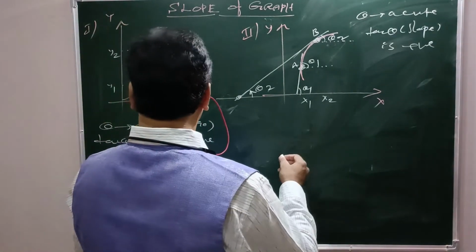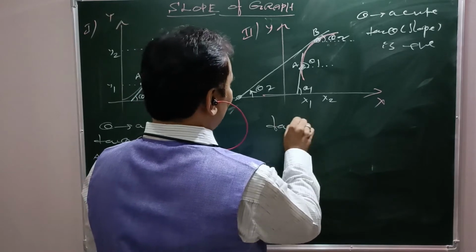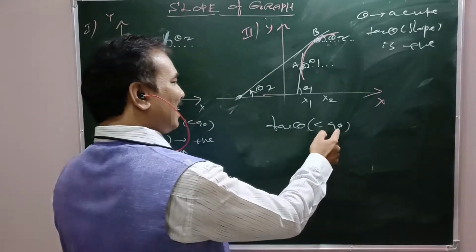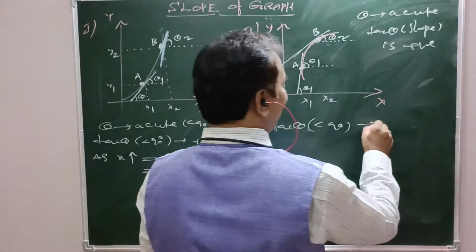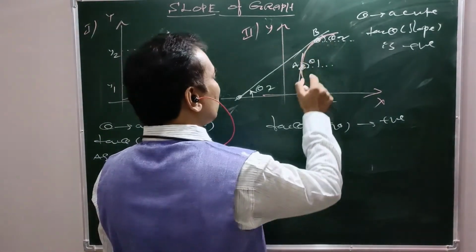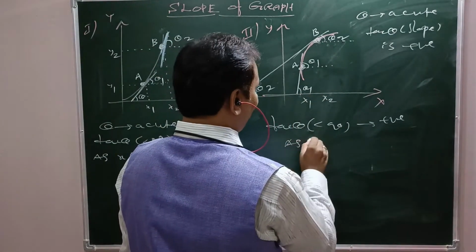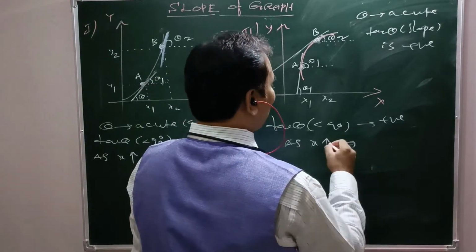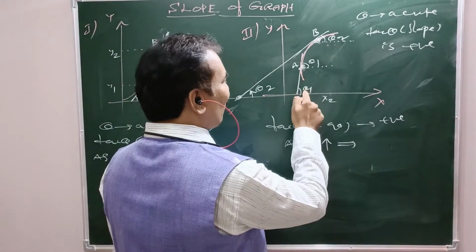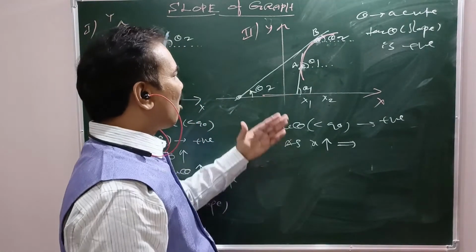So what is the inference? For theta less than 90, tan theta, the slope, is positive. As x increases from A to B, from x1 to x2, does theta decrease or increase? At point A, theta 1 is greater. At point B, theta 2 is smaller. Why? Because the slope shoots down here.